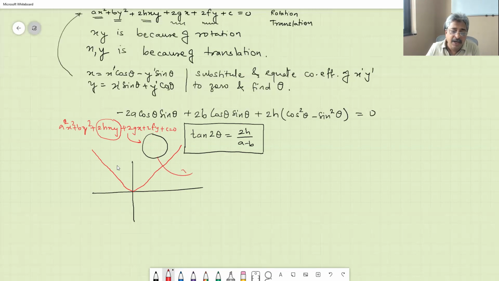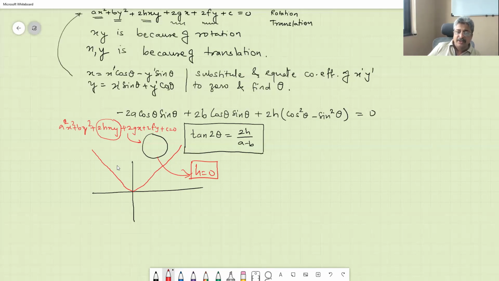It does not matter where that circle is. So the rotation transformation is not required if it is originally a circle. That is what I wanted to bring to your notice. If it is a circle anyway, h is equal to 0.